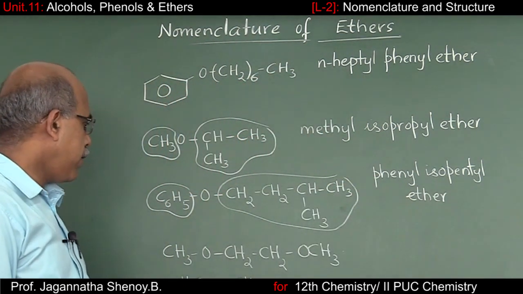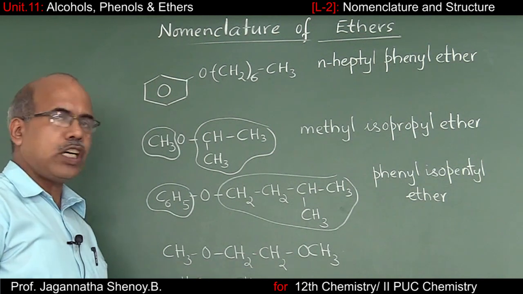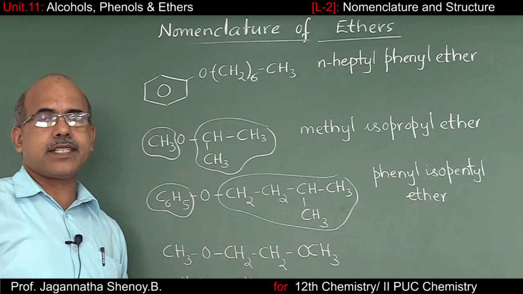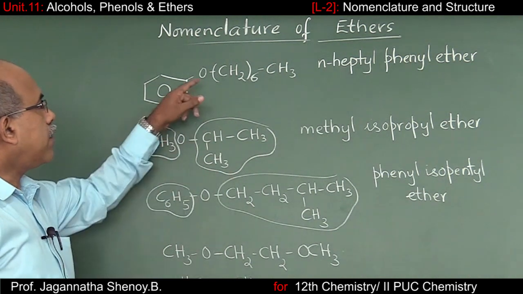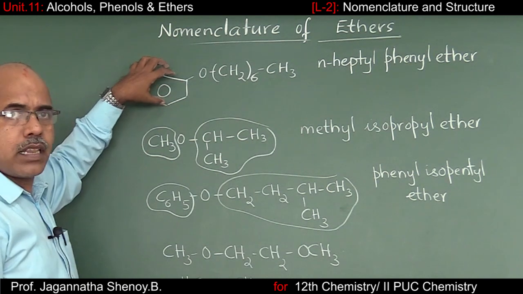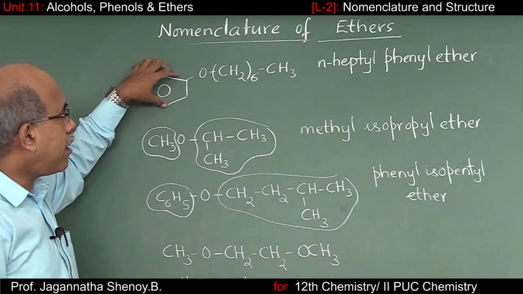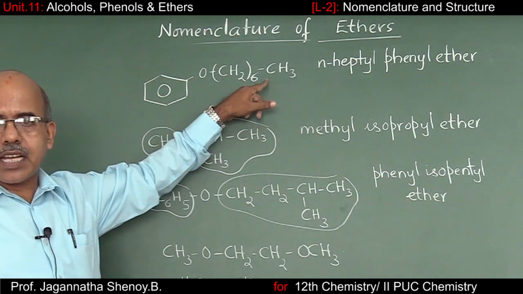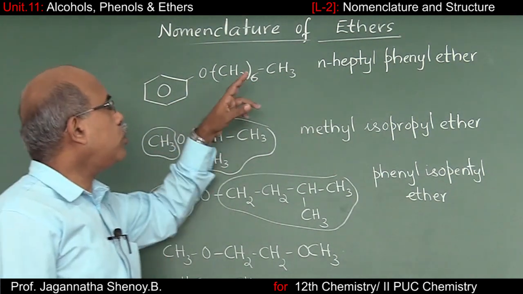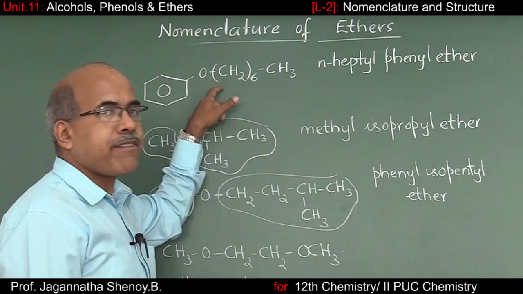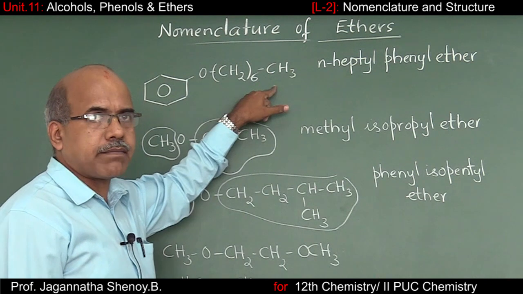Okay. Now, for these two compounds, we do not talk about common names, so we shall start writing the IUPAC names directly. We'll come to this. Here in the ring compound, we have 6 carbon atoms. In the open chain, we have 7 carbon atoms. So if you want to write the IUPAC name, I should treat it as a derivative of heptane, 7 carbon atoms.